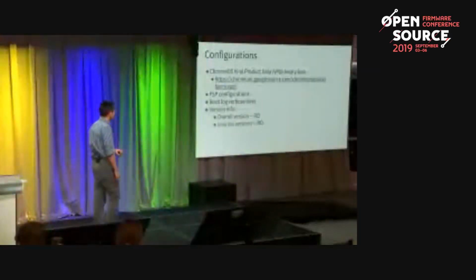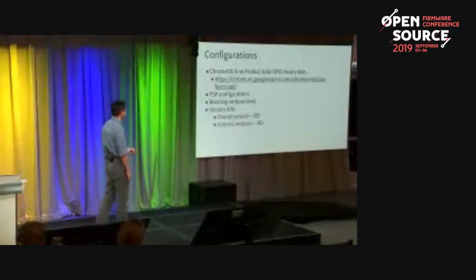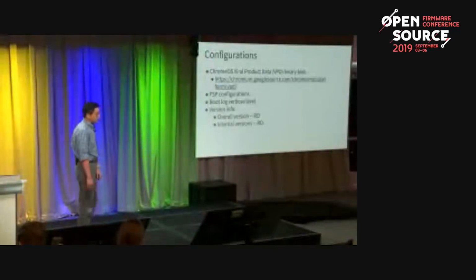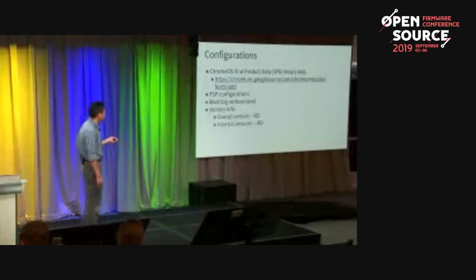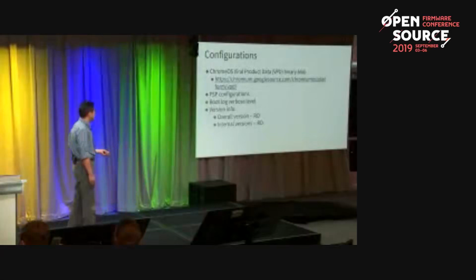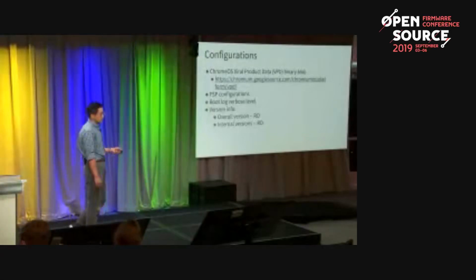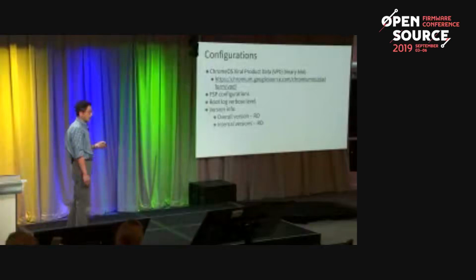Another important thing we record in the VPD is the version information. So one version is the overall version, the schematic version. We put that into the read-only partition. And internal versions, what are internal versions? Internal versions is basically where you get each component and with what version.